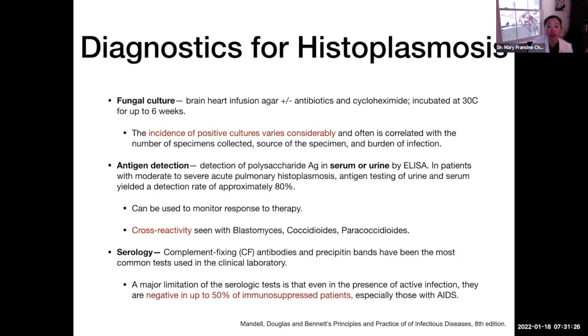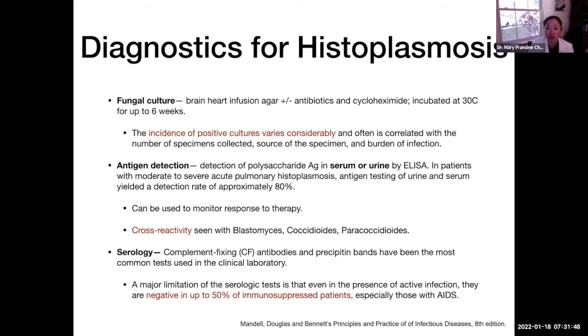So for diagnosis of histoplasmosis, there are many different ways to diagnose it. One is clinical, but adding your lab work to that, there's fungal culture. When you want to grow Histoplasma in culture, you need to use brain-heart infusion agar.